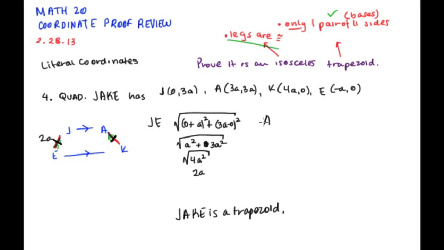Now for AK, we're going to do a similar thing. We're just going to do the same thing. Square root. We're going to have 3A minus 4A squared plus 3A minus 0 squared.